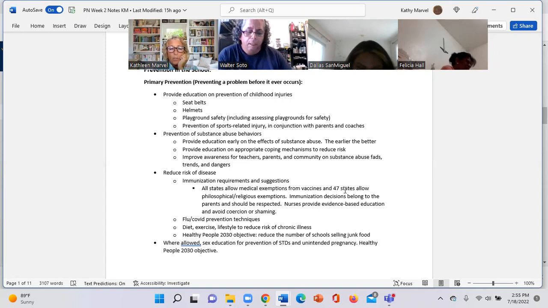And the third bullet is we were involved in trying to reduce the risk of disease. Number one, immunization requirements. Very involved in immunizations. All states do allow medical exemptions from vaccines.